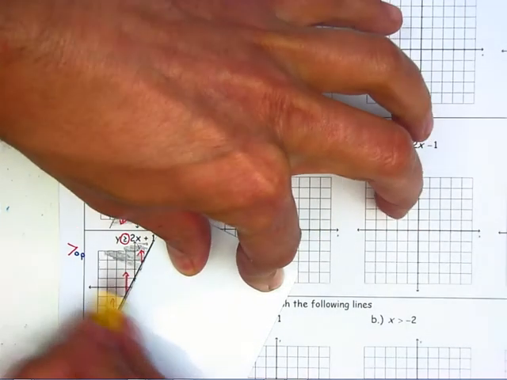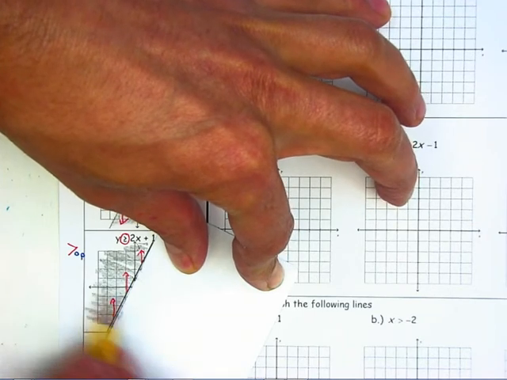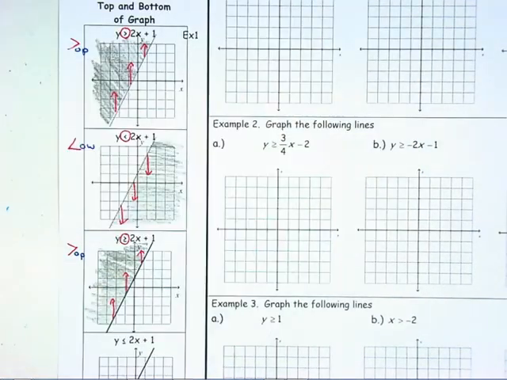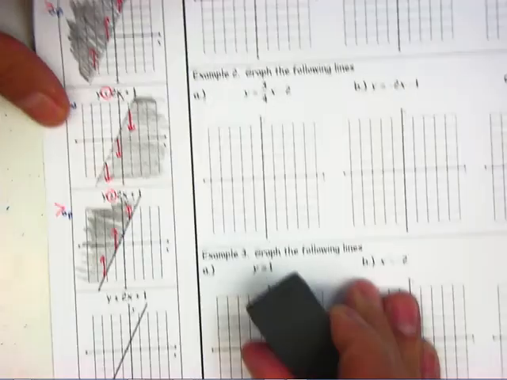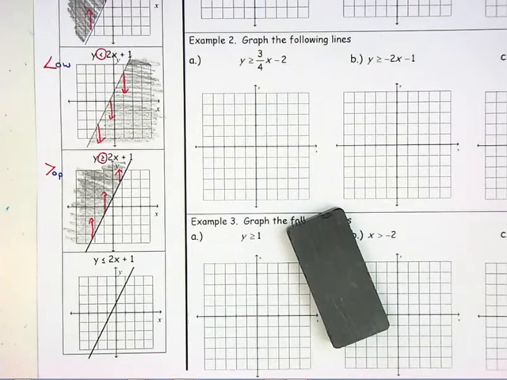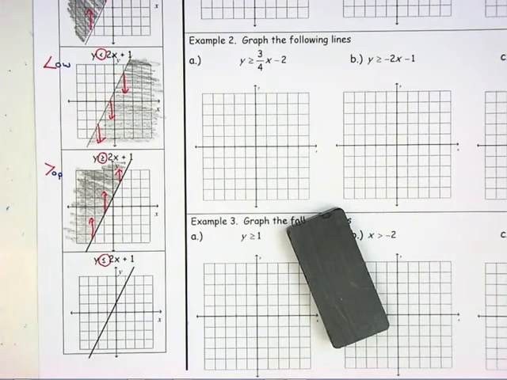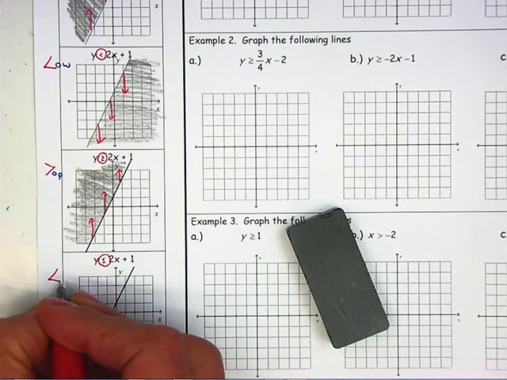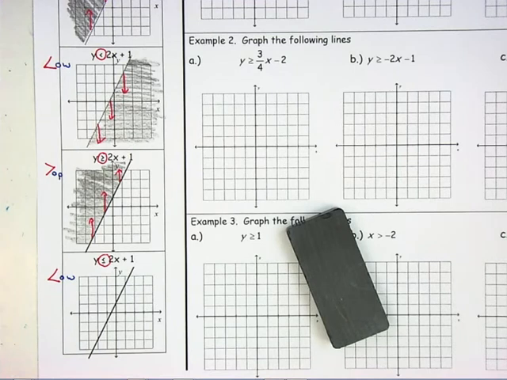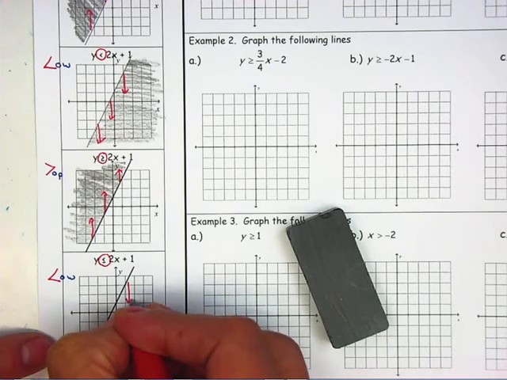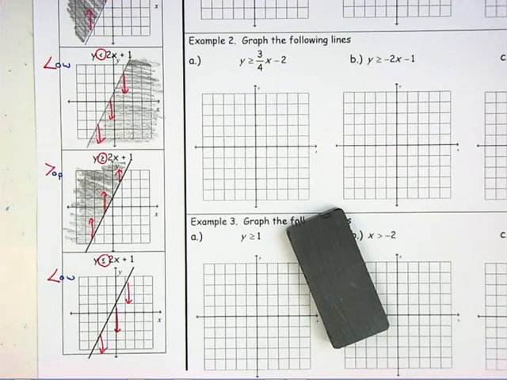I'm going to shade the entire section, which will indicate that all those points are solutions. Next problem. If it says less than or equal to, notice that the line is a solid line because of the equal sign. So if it's less than, it'll be the low side. I'm going to place arrows going down, and I'm going to shade that section.